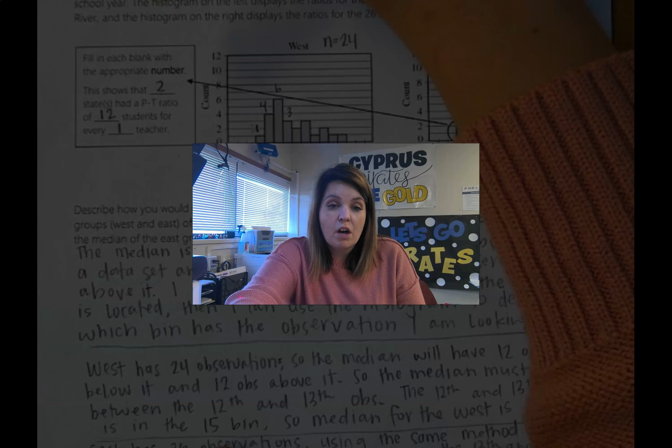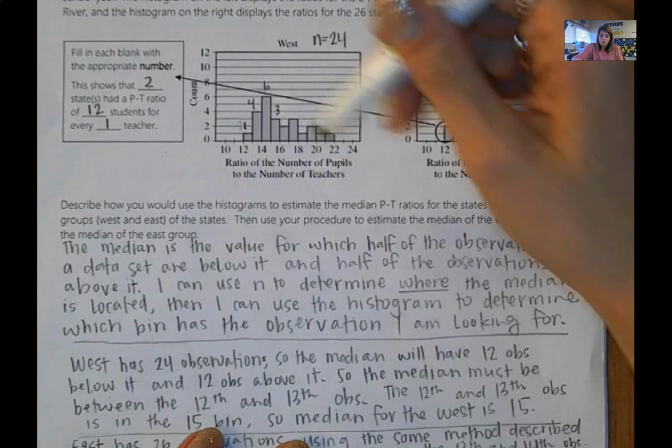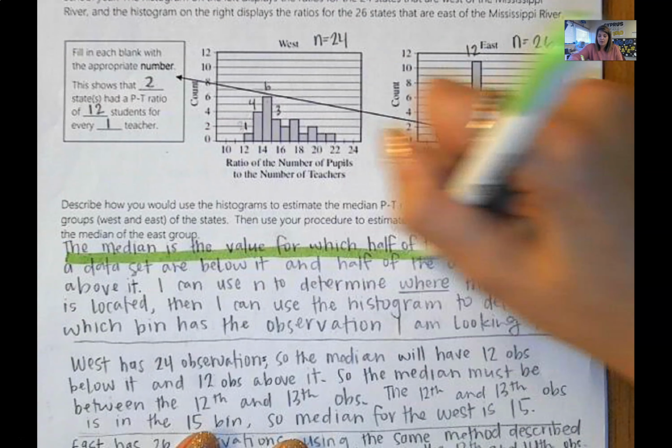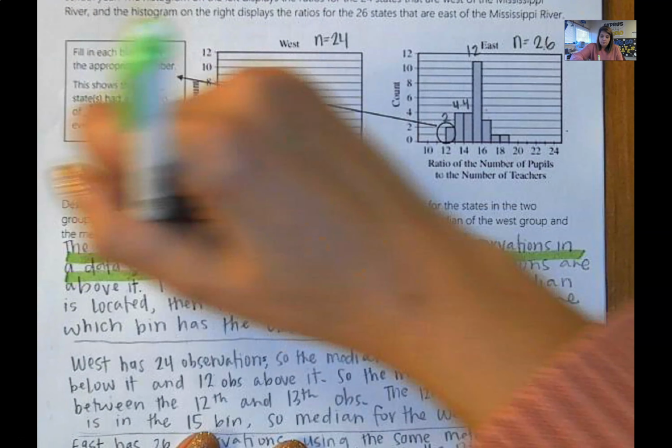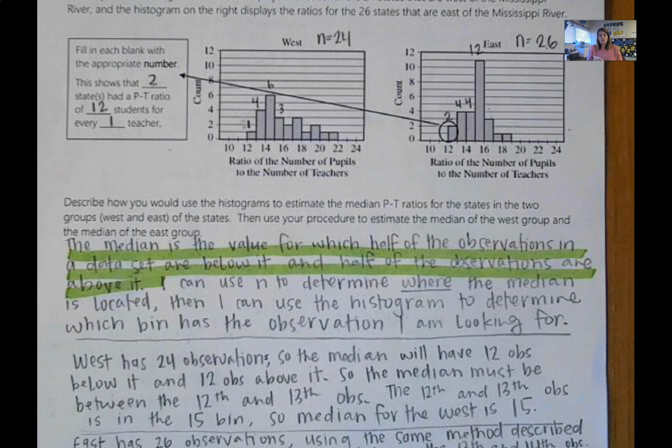If you do not write the sentence that I'm about to highlight, you would get partial credit on this, even if everything else was right. You have to say what I just highlighted in green: the median is the value for which half of the observations in a data set are below it and half of the observations are above it.